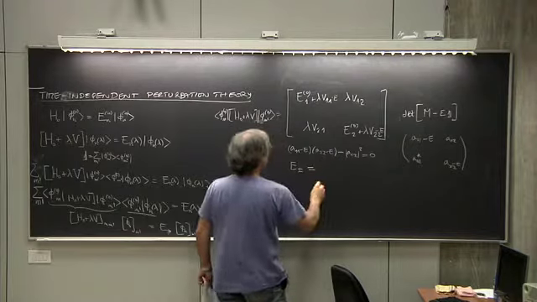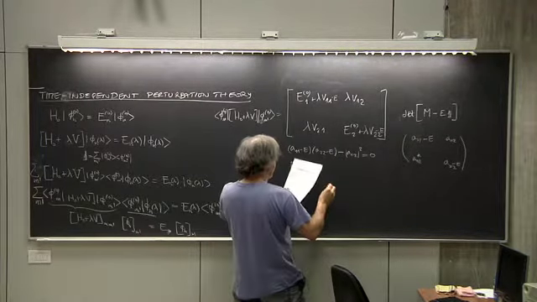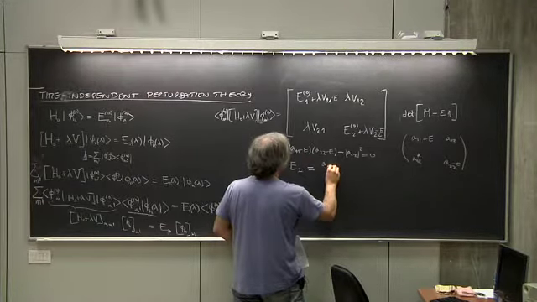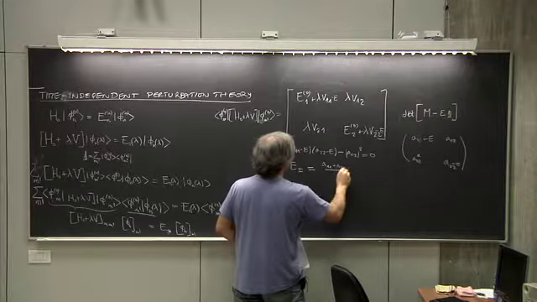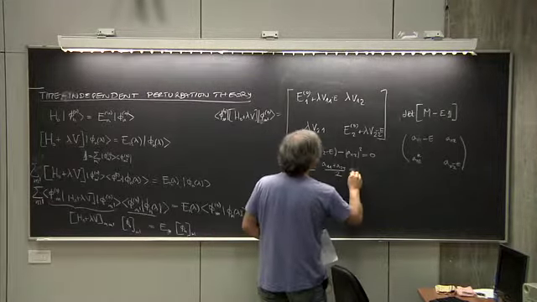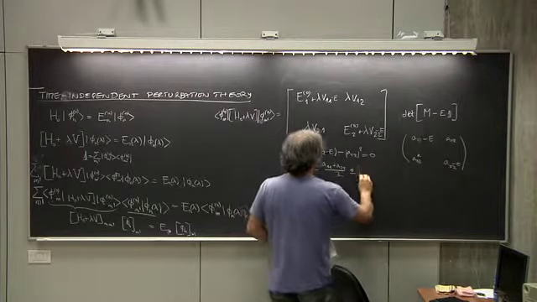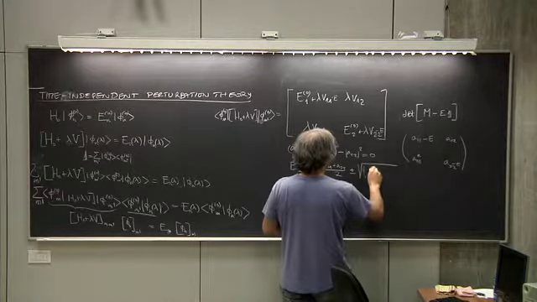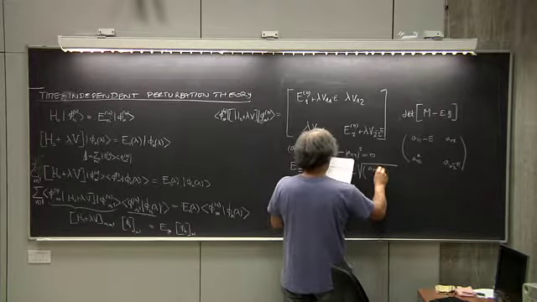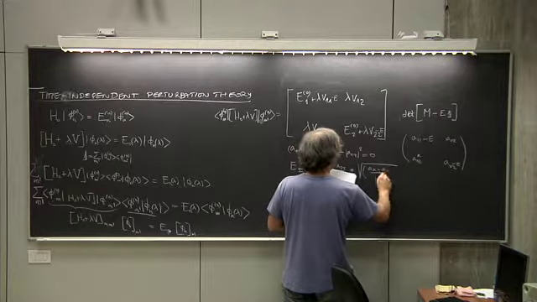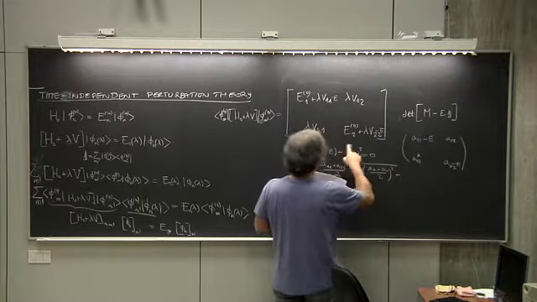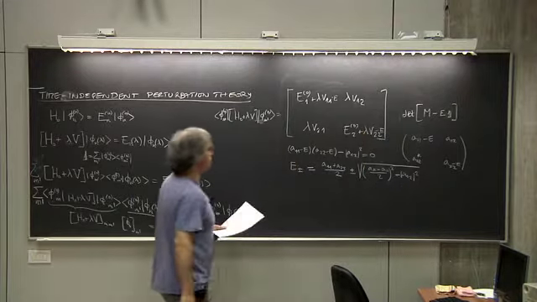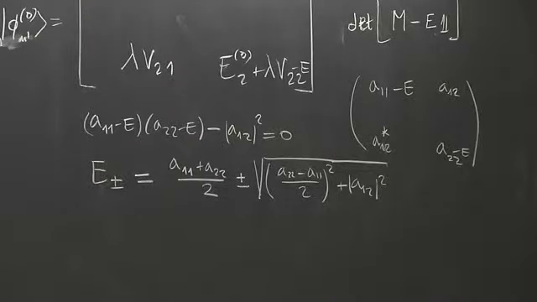There are two solutions here, and they are essentially given by the semi-sum of these elements plus or minus the square root of the semi-difference, A22 minus A11 divided by 2, squared, plus A12 modulo squared. So you can see immediately this.